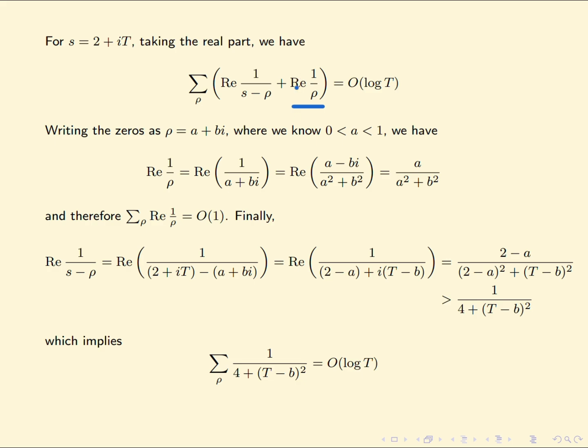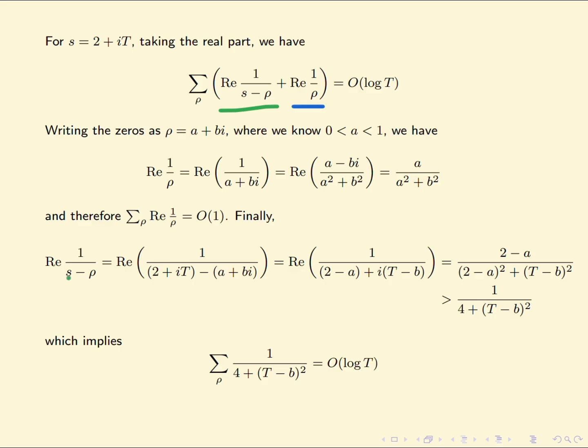Namely, this thing converges to a number and it does not depend on s or capital T. Capital T here is just the imaginary part of s. So this sum converges to a number not depending on s or t. Therefore, I'm going to call this part O of 1. And finally, I'm going to look at the real part of this thing as well. So next step is this.